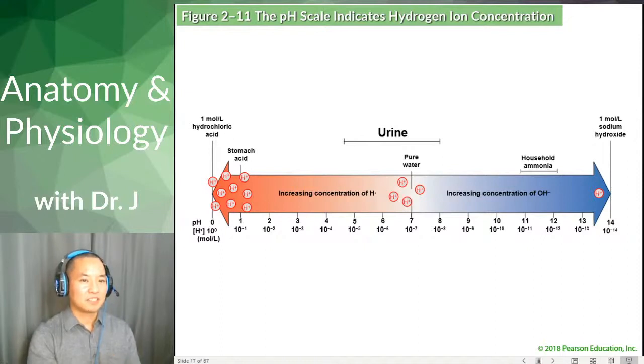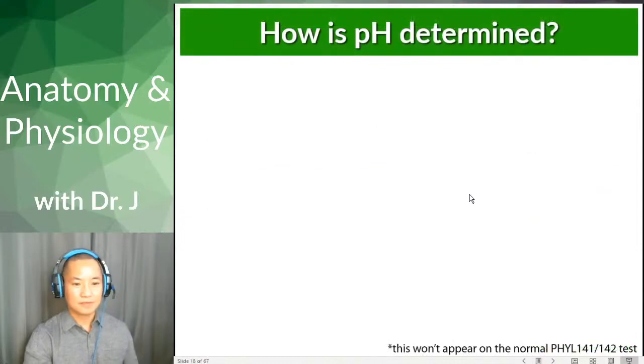When bacteria do this, it splits urea into another metabolite and ammonia. So if a bacteria is converting urea to ammonia, this might cause the pH of urine to get more and more basic and alkaline. So if we see that your urine pH is 9, it might indicate a possible infection with one of the bacteria that converts urea to ammonia. This is why it's important to know pH.